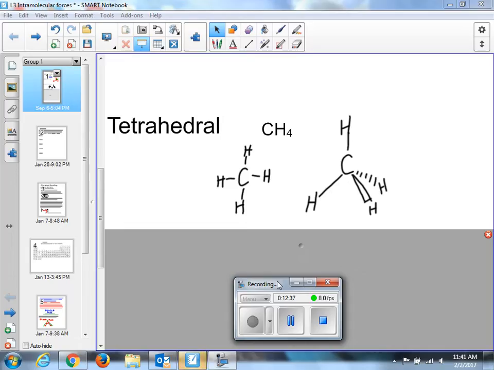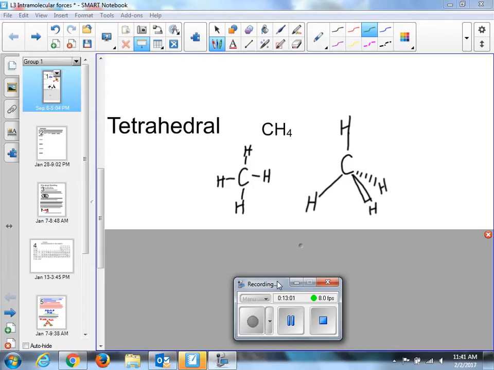If you took out a protractor and you measured these angles, of course these aren't too precise, you would get an angle of about 109.5 degrees. Now, don't worry about measuring them. I'm pretty sure it's 109.5.